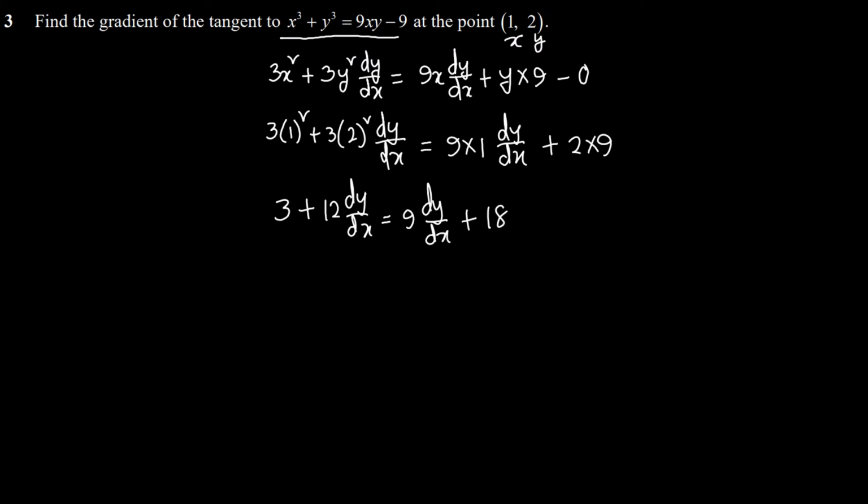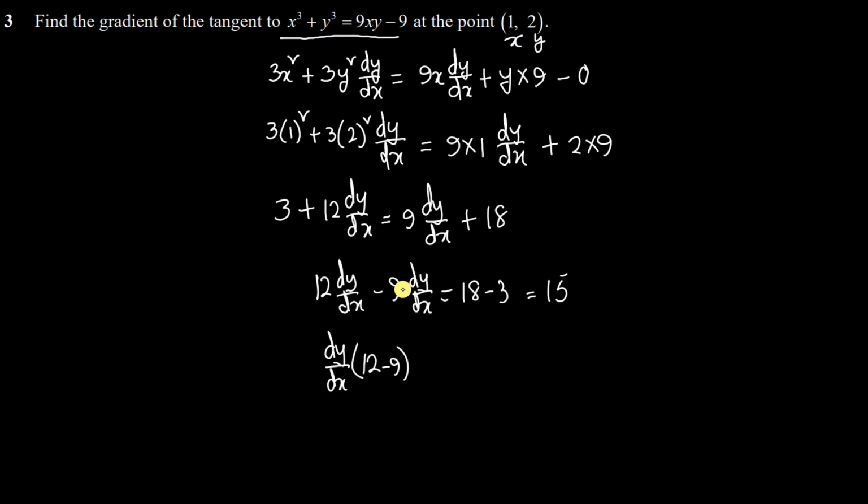So now we can easily write 12 dy by dx minus 9 dy by dx equals 18 minus 3, which is 15. So from here we can take dy by dx common, then 12 minus 9, which gives us 3, equals 15.